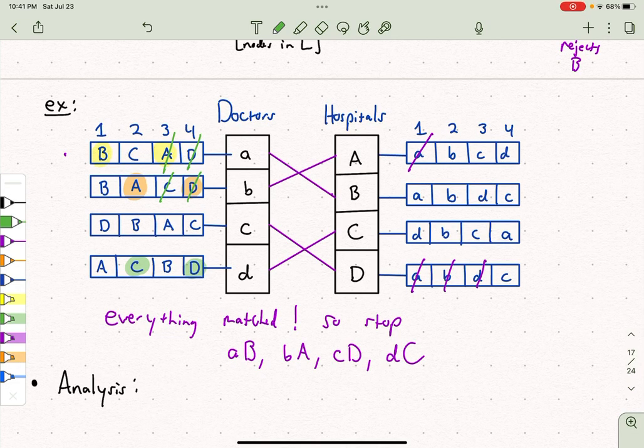Now for little c, it immediately got its best option, so it would never consider anything lower. And then little d, it was first given the option of D, but once it was eventually given C, it no longer would consider D because that would only make things worse. So you can see what happens is for the hospitals, their preferences keep going down. They keep getting worse options over time.